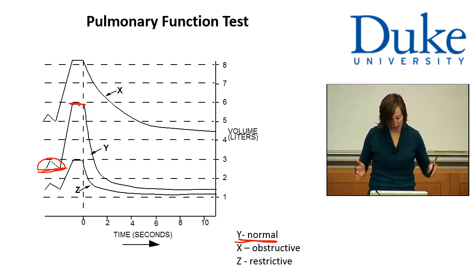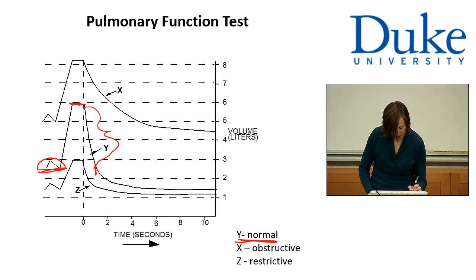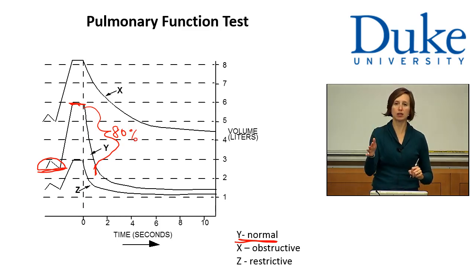That's when they exhale, doing that forced expiratory volume for 1 second. You can see here after 1 second, they've gotten 80% of their forced vital capacity exhaled, and they have just a little bit left.